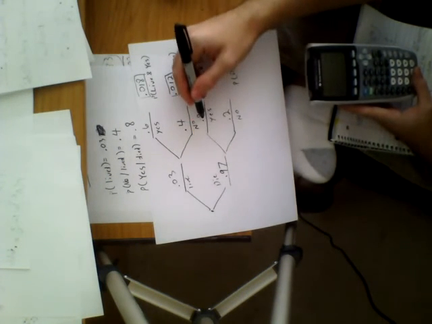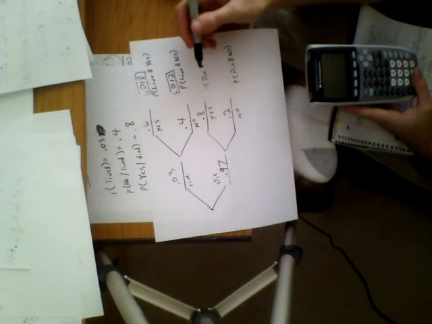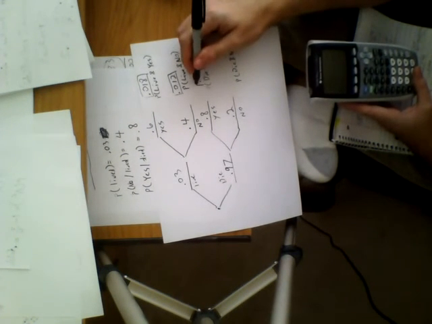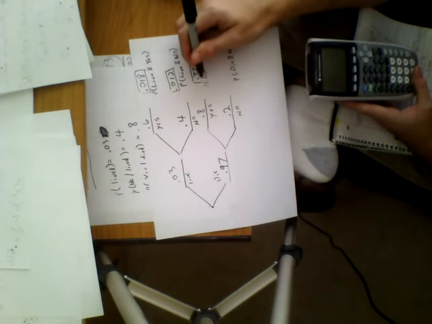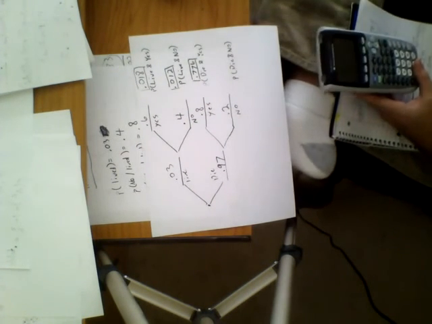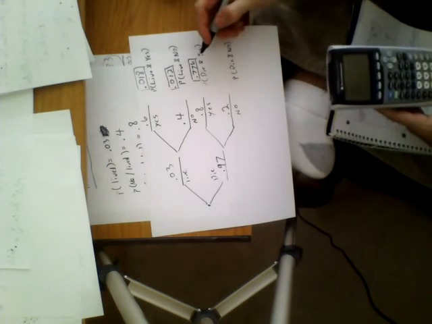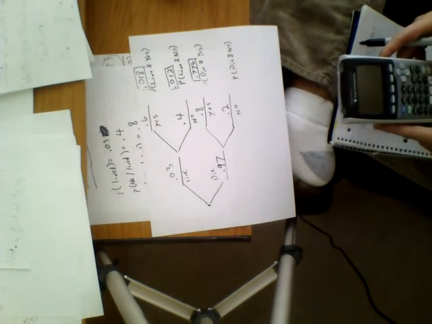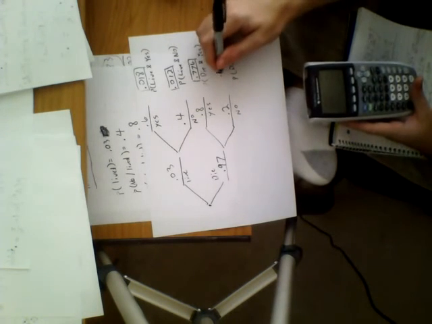Just moving straight across, 0.97 times 0.8 gives you 0.776. So it seems like a lot of people had it and died from it. That means 77.6% had it and died, right? Let's do the last one, 0.97 times 0.2 gives us 0.194.